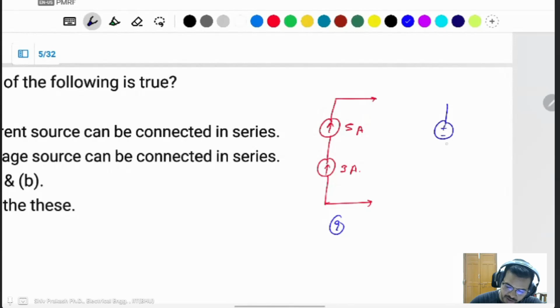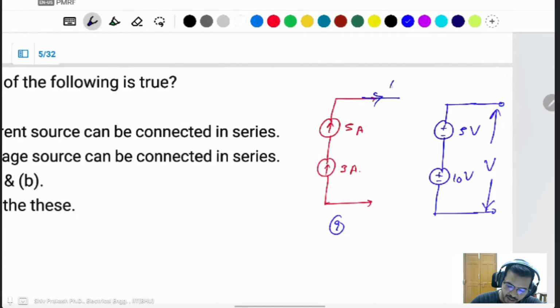Second was this one. Suppose this one is 5 volt, this is 10 volt. And what is this voltage? And what is this current? I. Option A, option B, like that.